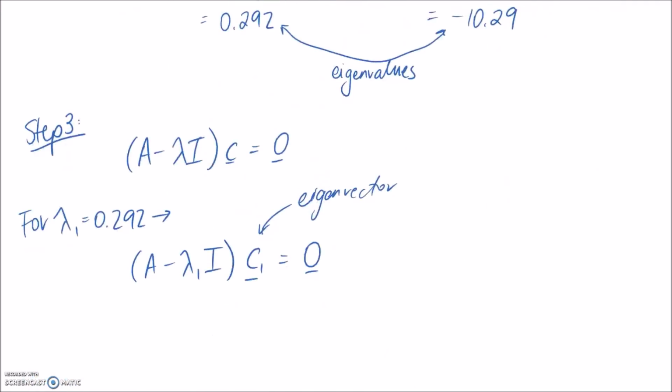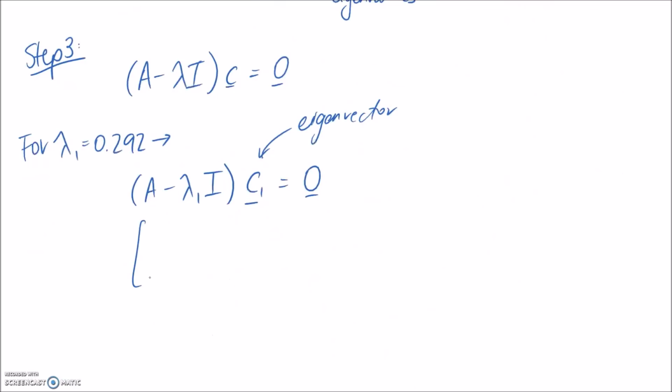If we do that, we're going to get negative 0.292 in this first one, 1, 3, and this becomes that. It's multiplied by the eigenvector C1, and I'm going to write it out as an actual vector.